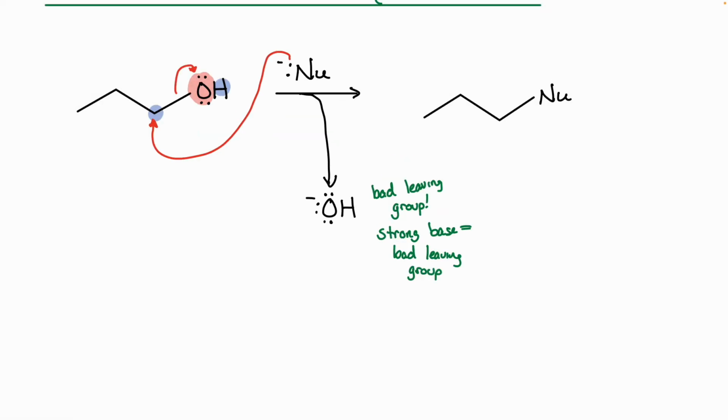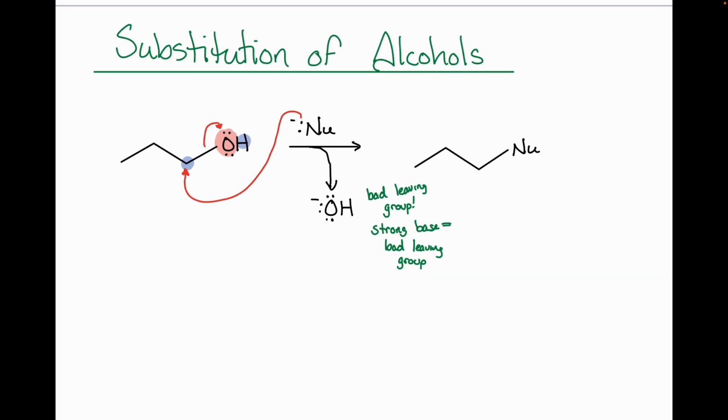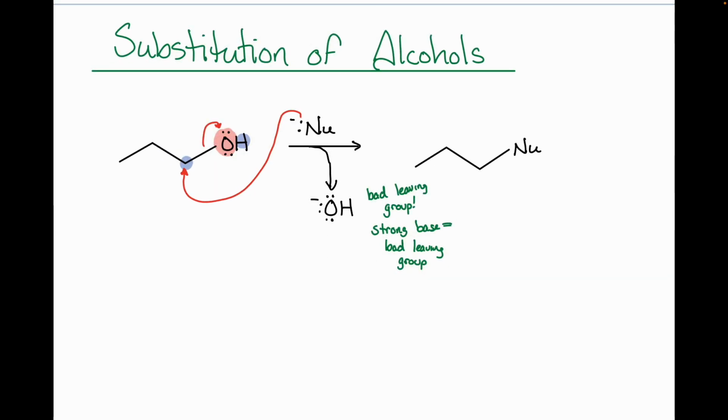Okay, so in our substitution of alcohols, we can't just simply add in a nucleophile and displace that hydroxyl group. It's not a good leaving group. All right, so we're going to have this strategy that we're going to use over and over again for these reactions of alcohols. What we're going to do first is convert that OH into a good leaving group.